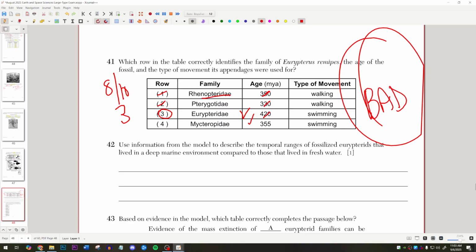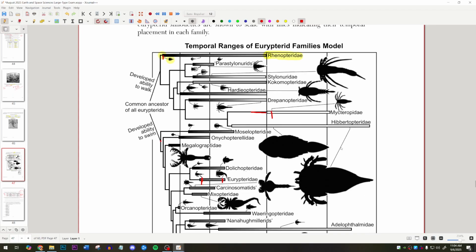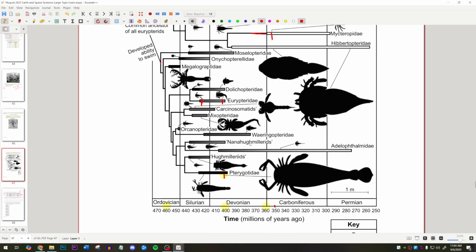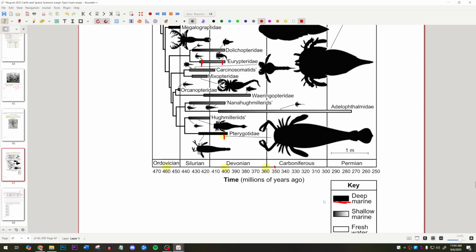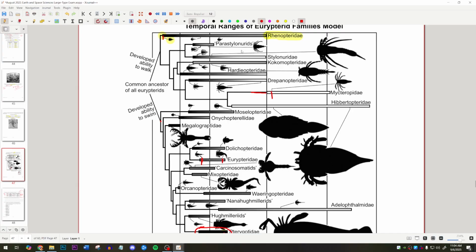All right, use information from the model to describe the temporal ranges of a fossilized Eurypterid that lived in a deep marine environment compared to those that lived in freshwater. Okay, look, I saw this before. Deep marine, freshwater. Dark versus white. So I'm assuming that's the bars. And then this is shallow marine, so dark. Where's the white bars? White.